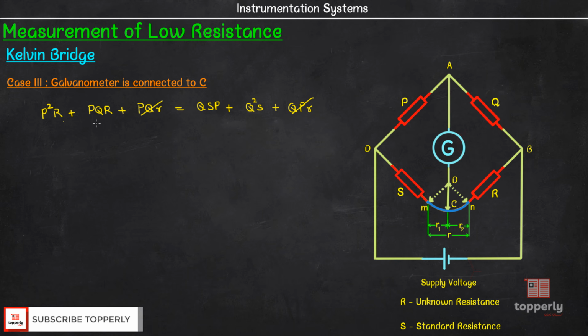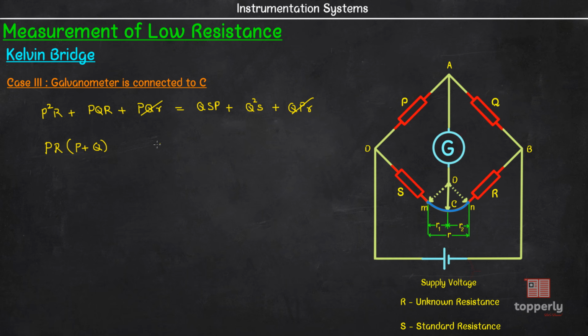And taking PR common on the LHS, we get PR into P plus Q equal to, similarly taking QS common on the RHS, we have QS into P plus Q, and we can cancel out this P plus Q, which leaves us with PR equal to QS, or unknown resistance R is equal to Q by P into S.